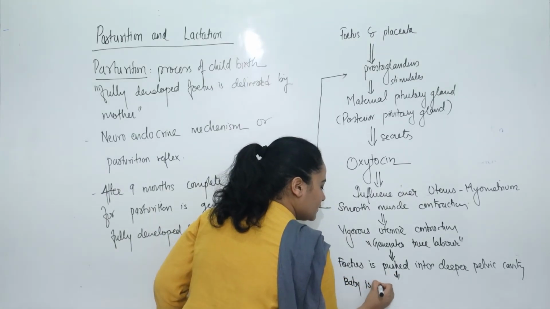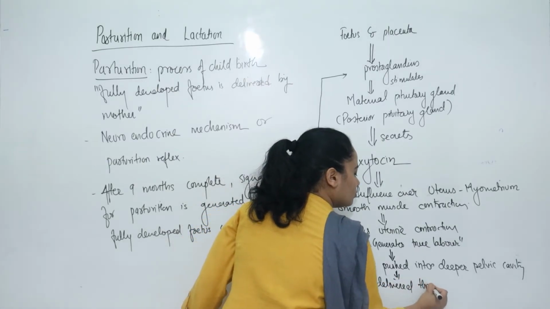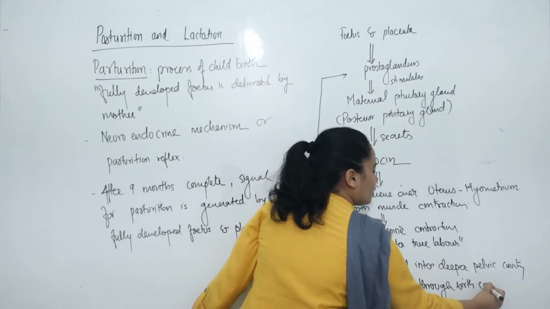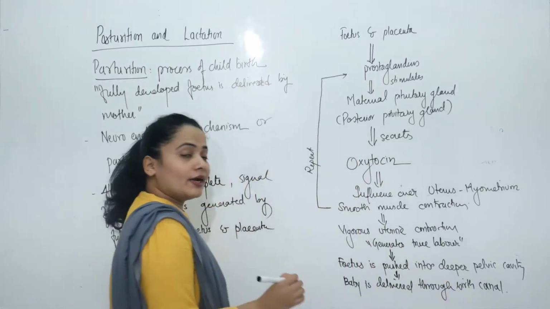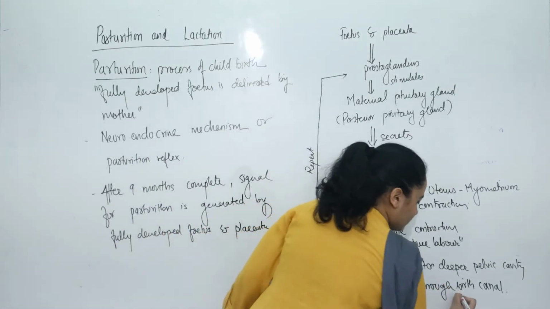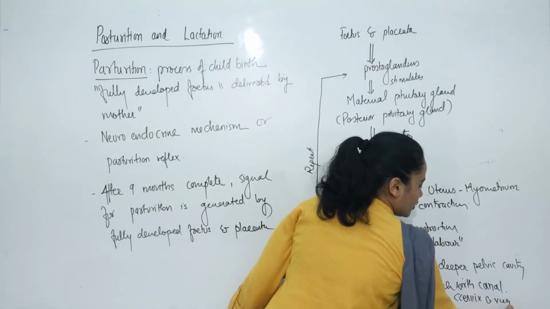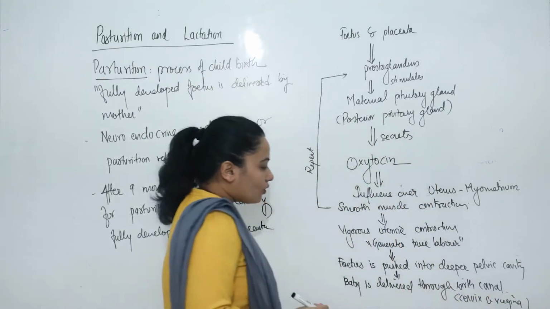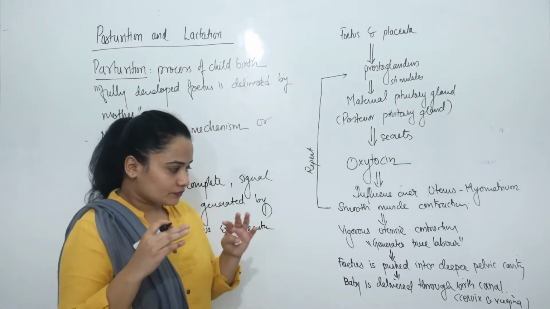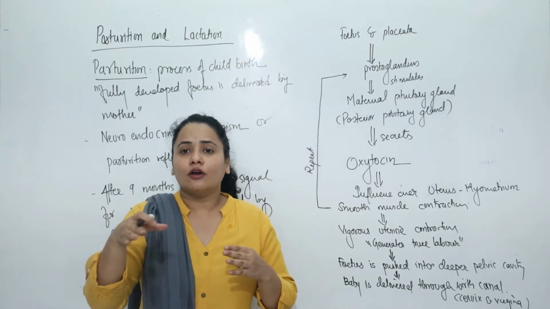The baby is delivered through the birth canal. And what is that birth canal? We know that the birth canal is the cervix and the vagina. Now because of vigorous contraction, the baby is going to get pushed towards the cervical region.